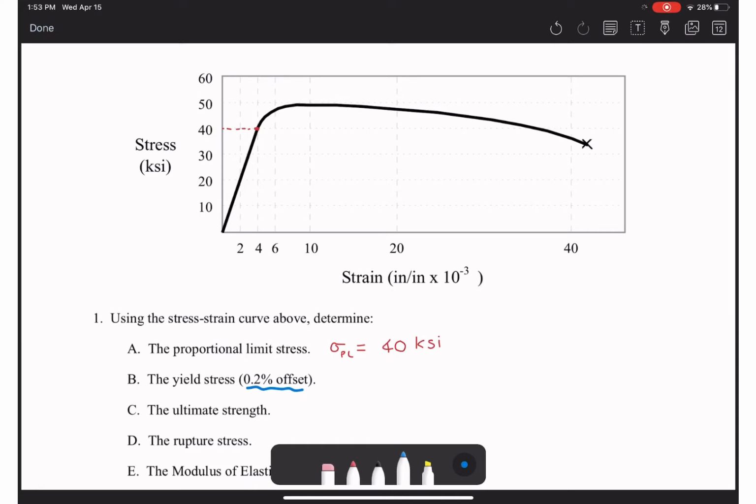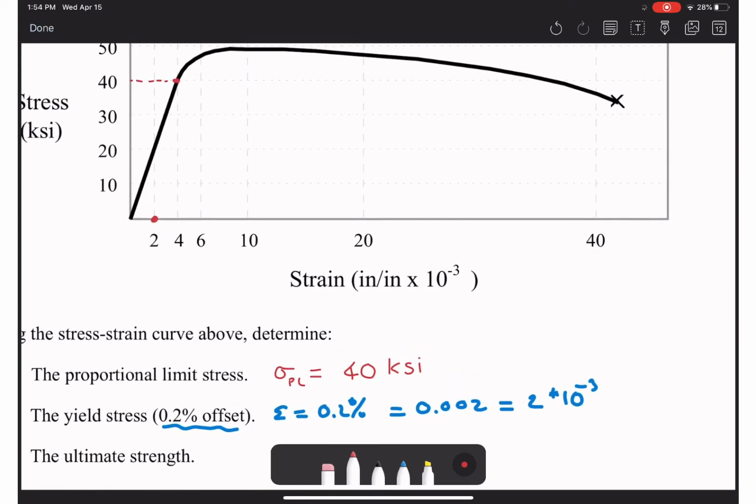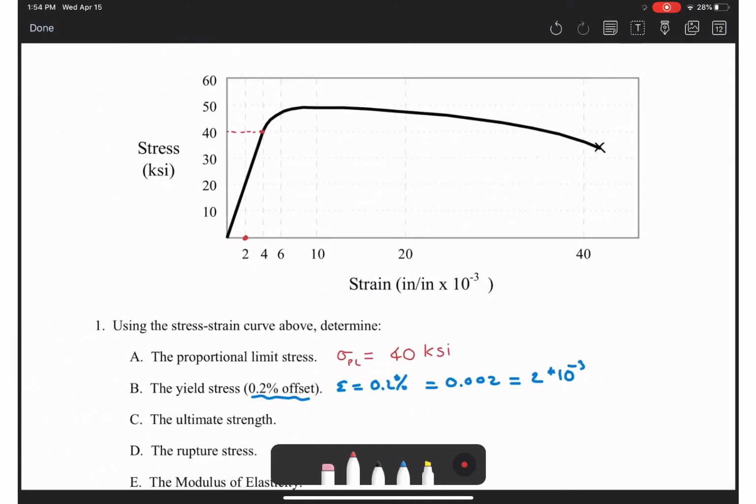That is epsilon equal to 0.2%, and that is 0.002, and that is exactly the point that we are looking at here, because the unit for the strain is inch over inch, 10 power negative 3.